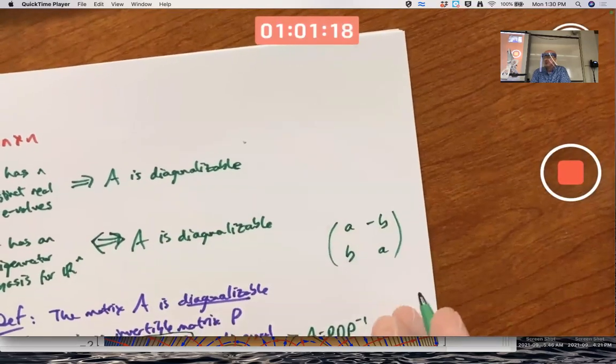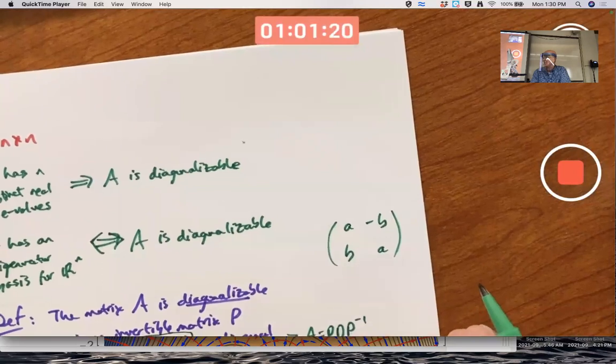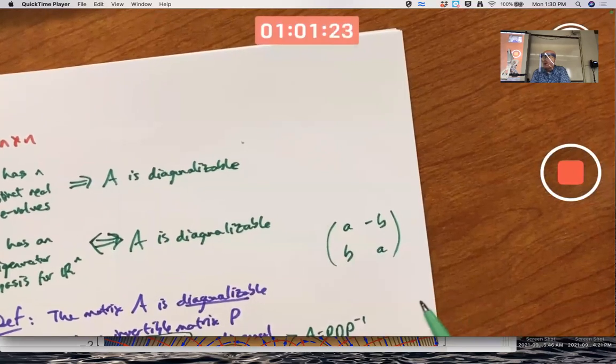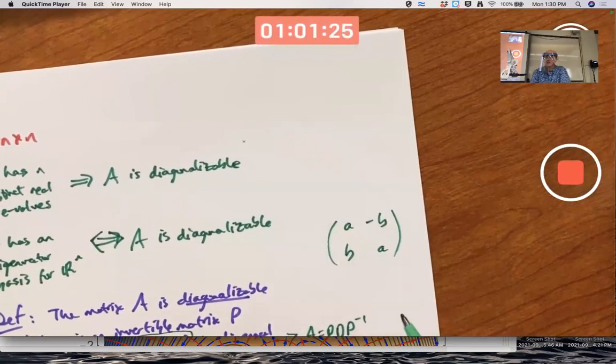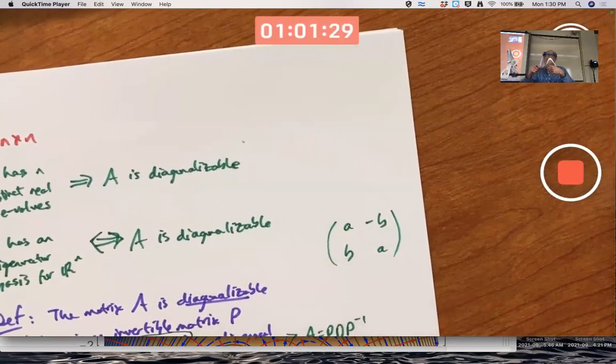So it's not diagonal, but it's still got a pattern to it. And because this has a pattern, that still makes it relatively easy to work with, because you can think about this geometrically as a rotation combined with a dilation. These things are in the PowerPoints too.